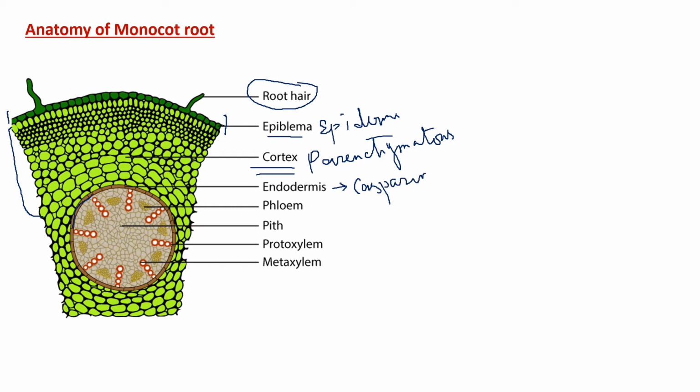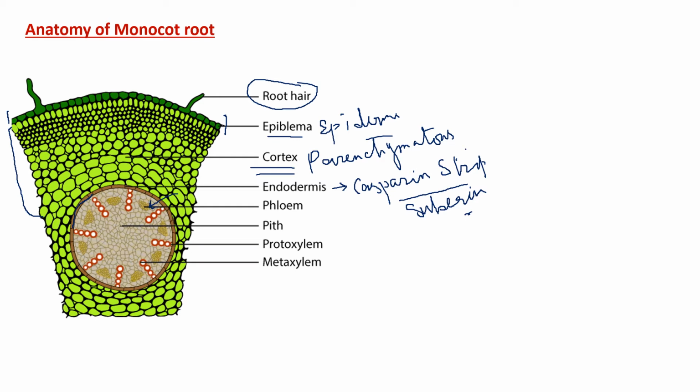This we have already discussed in the previous lecture. This Casparian strip is made up of a water-impermeable substance, that is suberin, and some of the cells lack this suberin deposition, and those cells allow the movement of the water from the cortex into the vascular tissues.